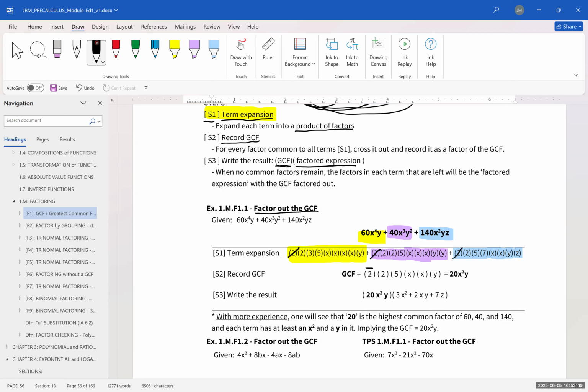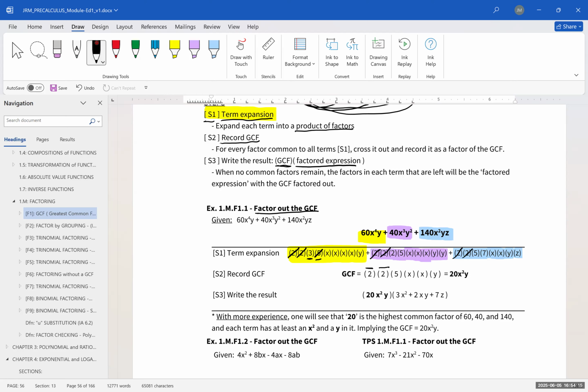Okay, now are there any more? Well, each term also has a second 2. So I'll write that down here for the greatest common factor. Now, do all three terms have the factor 3 in it? They do not. So 3 is not going to be in the greatest common factor. How about a 5?